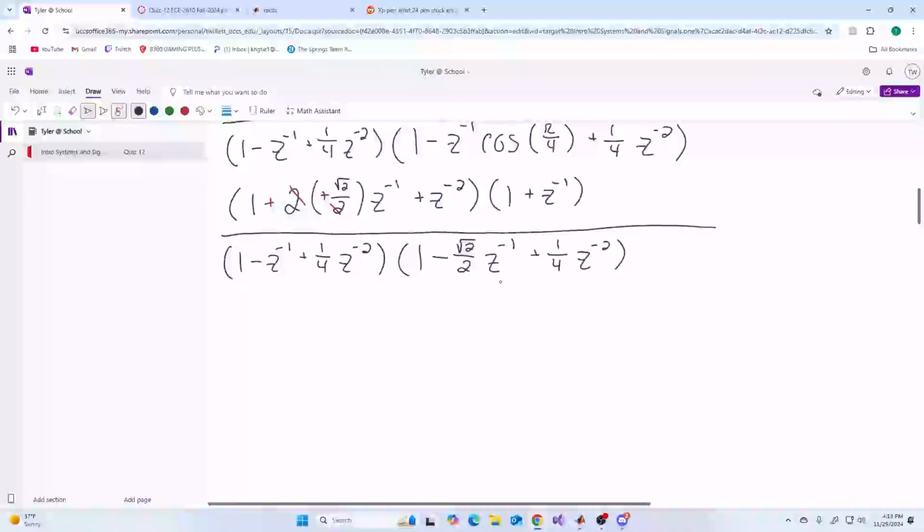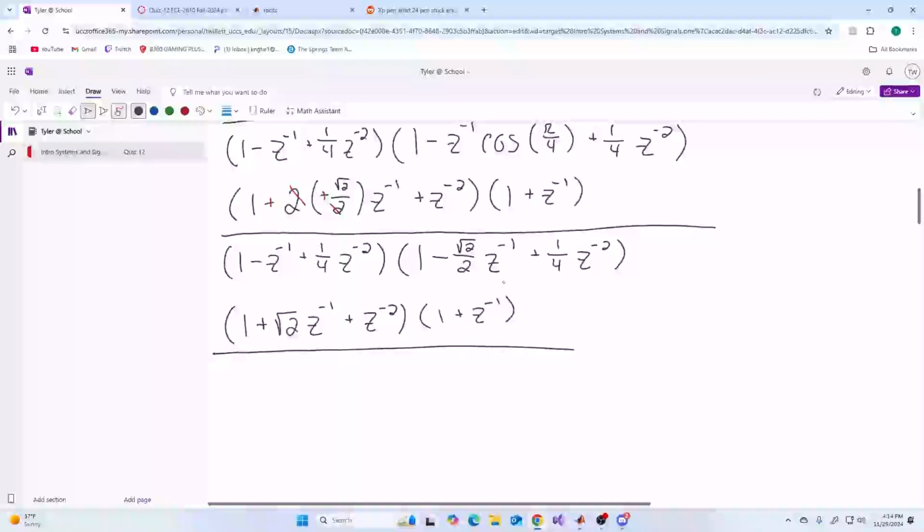I'm just going to walk you through it step by step, so there's no confusion. 1 plus root 2 z to the power of negative 1 plus z to the negative 2, 1 plus z to the negative 1, divided by 1 minus z to the power of negative 1 plus 1/4 z to the negative 2, 1 minus root 2 divided by 2, z to the negative 1 plus 1/4 z to the negative 2.